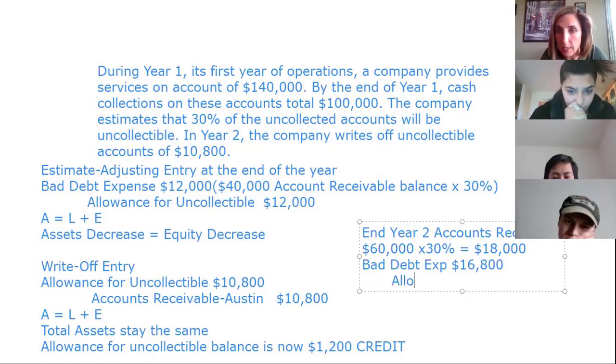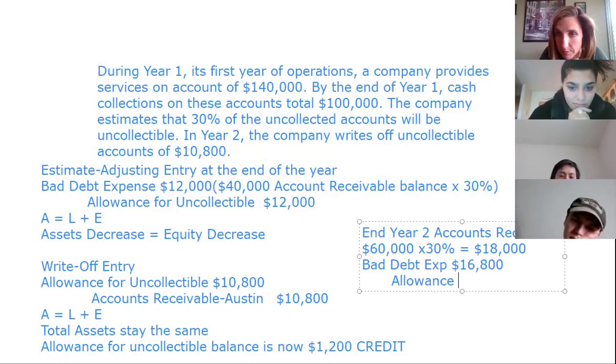We want the balance in the allowance to end up being $18,000 on the credit side. But if there's already $1,200 in there, I only need to add $16,800 to it to get its balance up to $18,000. Does that make sense?